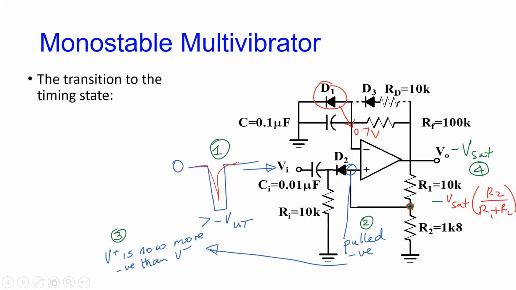And that's all it needs. It just needs this point to go more negative than minus VUT. Once it goes there, then the thing starts to work again.